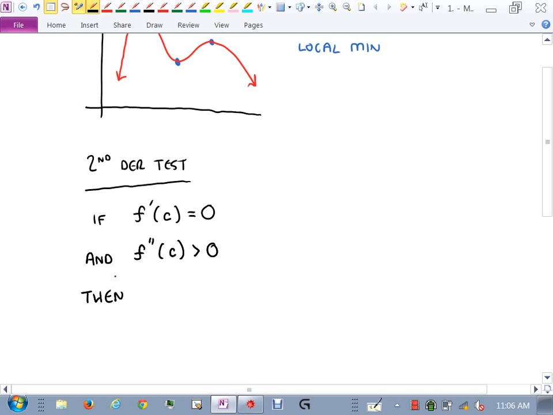Anyone remember? You would have a minimum there, a local minimum.